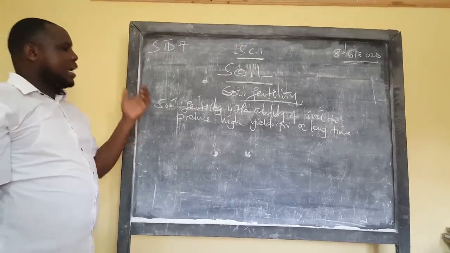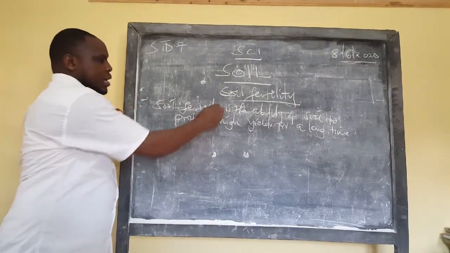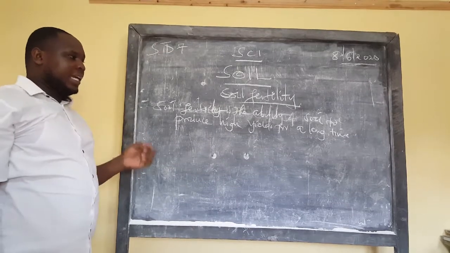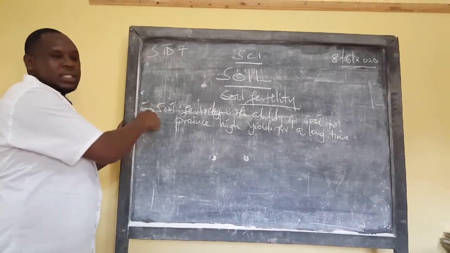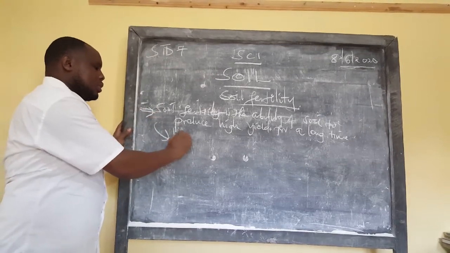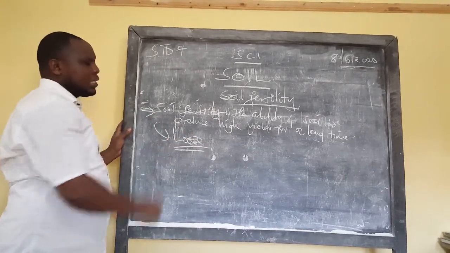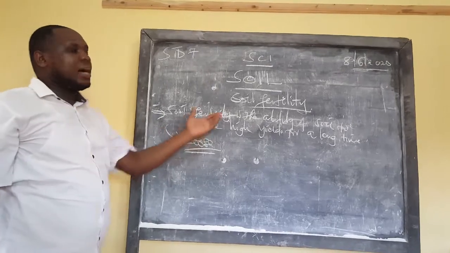Soil fertility is the ability of soil to produce high yields for a long time. If the soil cannot be able to do this, then we say the soil is loose. So loose soils are those soils that lack fertility.